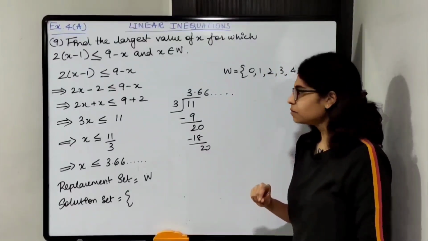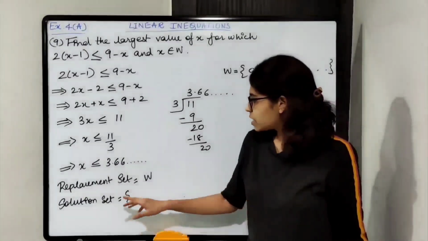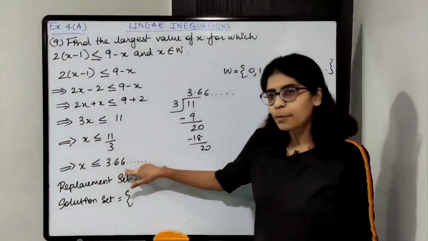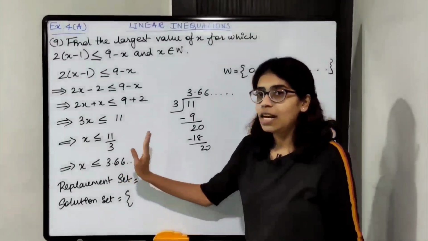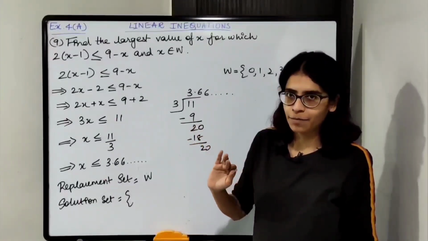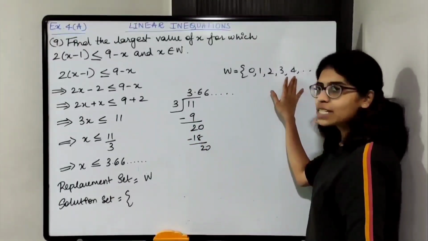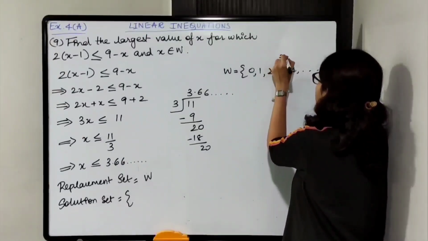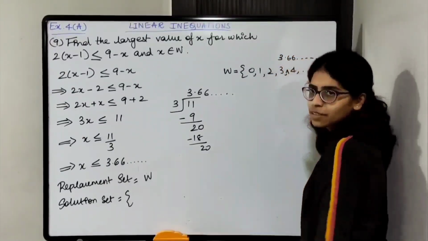Okay. Now solution set के लिए condition देखेंगे पहले. x can be equal to 3.66 or less than that. So 3.66 comes between 3 and 4. यहाँ पे आएगा बीच में 3.66 dot dot dot dot.